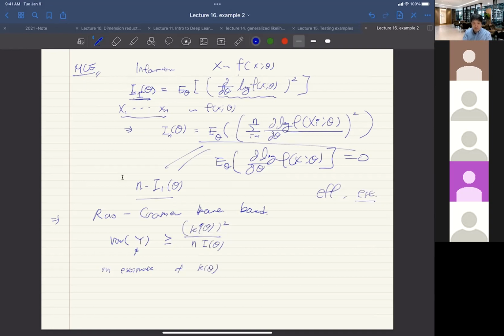So it's a lower bound. And if you consider K of theta equal to theta, then K prime of theta is just 1. So 1 over n I of theta will be the minimum variance that any unbiased estimate of theta can have.